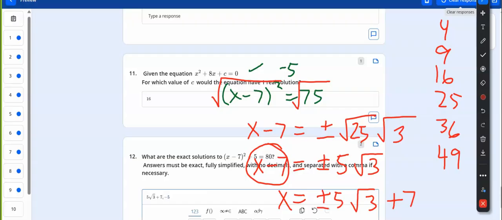Negative 5 square root 3 plus 7. Do you see how I typed them out separately? Because he wants them exact, no decimals, separated with a comma.